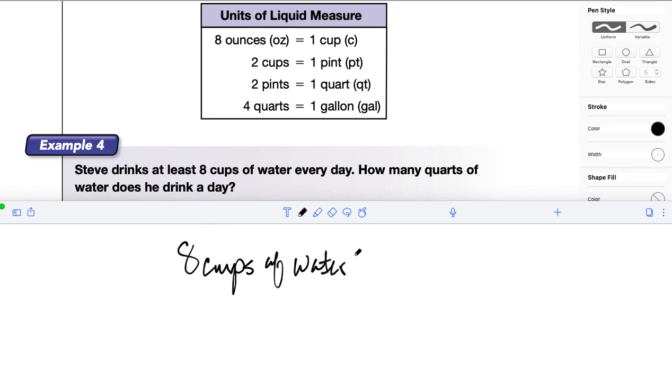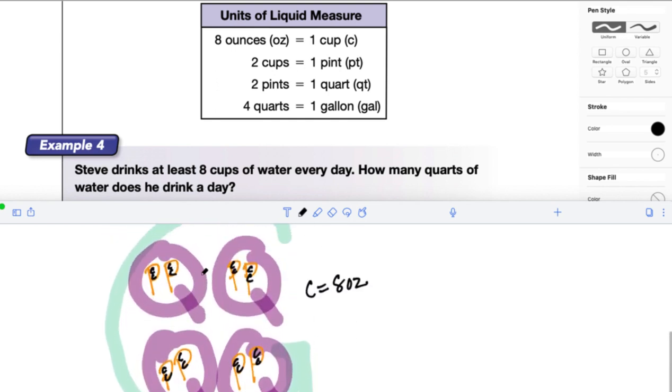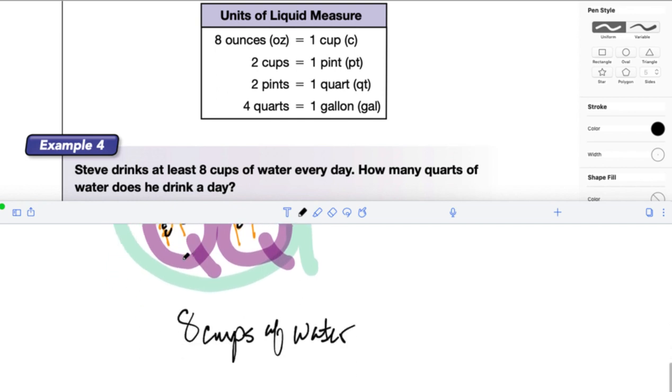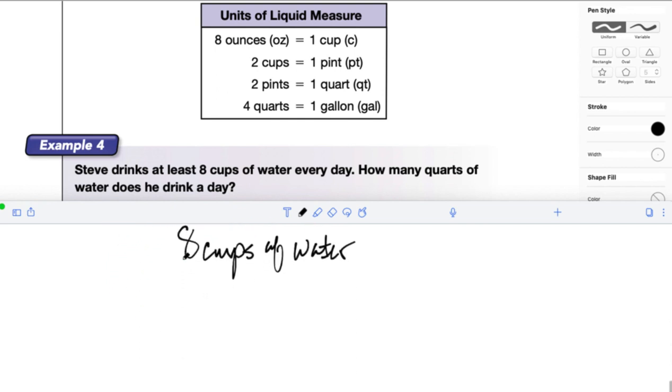And with that 8 cups of water, we can think about it as, since we know that there are, well, let me think. Let's go back to our little thing up here. Since we know that within each quart, there are 4 cups. Within each quart, there are 4 cups. We can consider how many quarts we have given the fact that we have 8 cups.